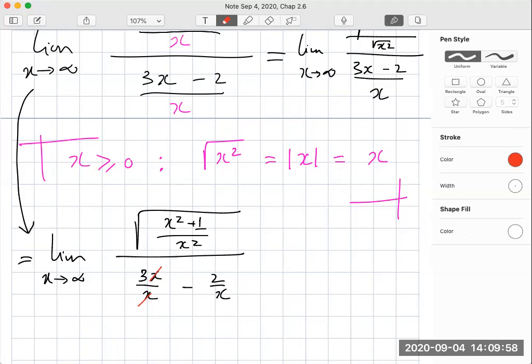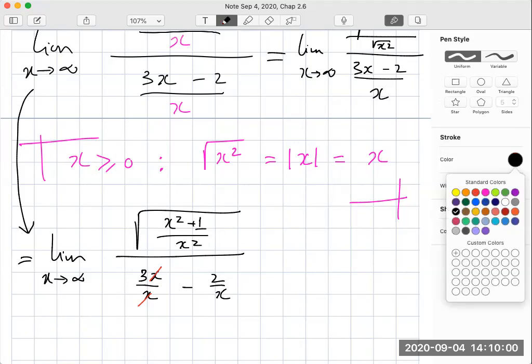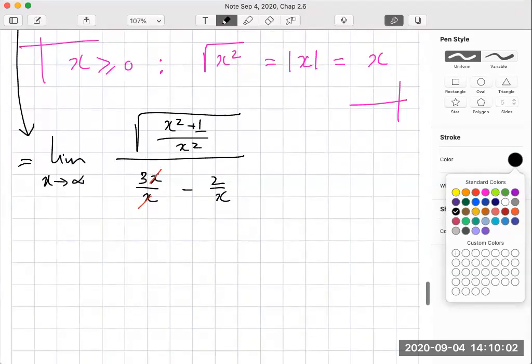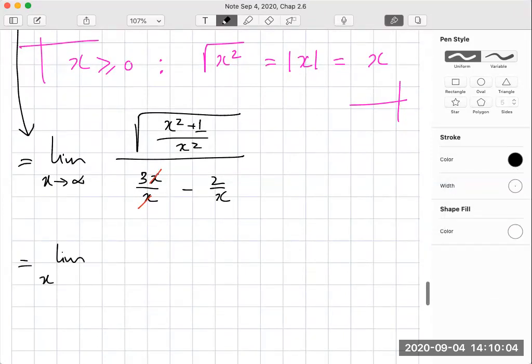Or we can write it as the limit when x approaches infinity of square root of 1 plus 1 over x squared, and 3 minus 2 over x, right? Same thing.